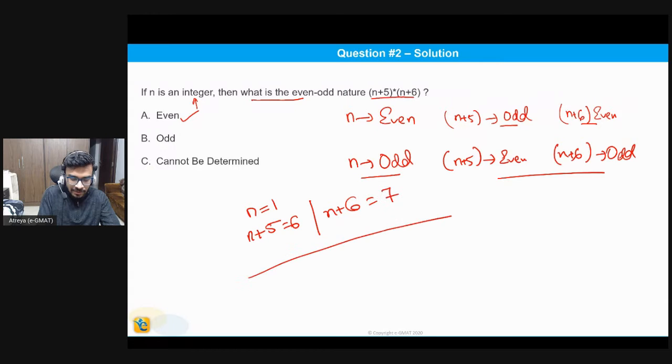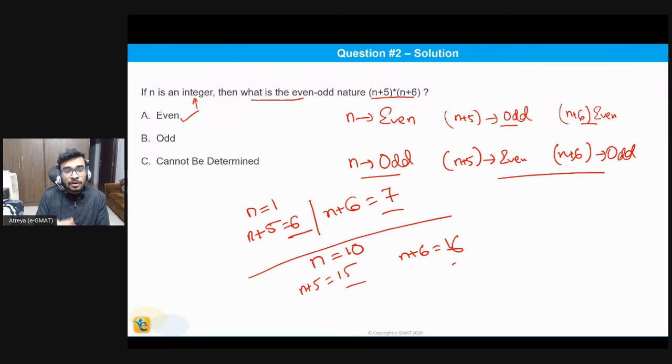Let's take another example. Let's assume that n is equal to 10. For that, n plus 5 is 15 and n plus 6 is 16. So you can see these two numbers are consecutive numbers. Now, if we have two consecutive numbers, one of them has to be even, right? Because we have alternate even numbers in the number system.